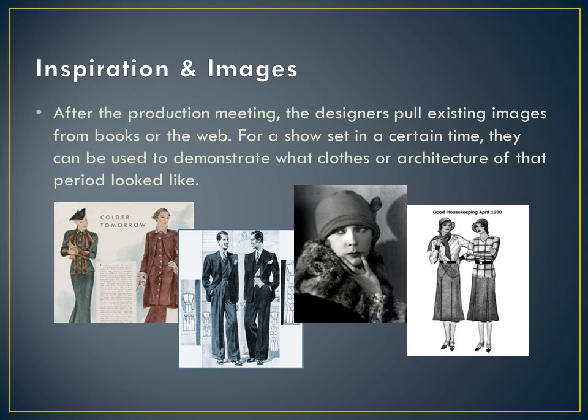What you see here are some existing images that the designers pulled on production of Cabaret I did last year, which is set in Germany in the 1930s. So the designers started by pulling a lot of existing images from the web of what fashion looked like in Germany in the 1930s.